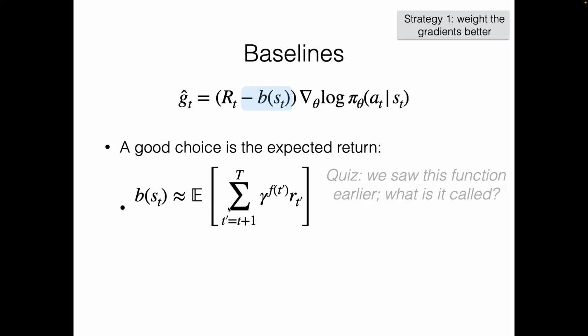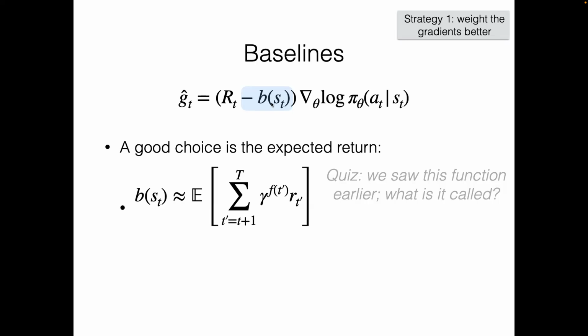What is this function called? Yeah, the value function. So a really common choice is you can try to train a value function which predicts at each state what is the expected return or expected reward. And then you can use the value function as a baseline, and that'll help stabilize the policy gradient.